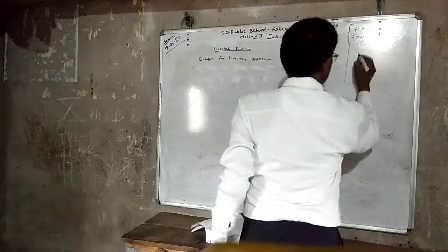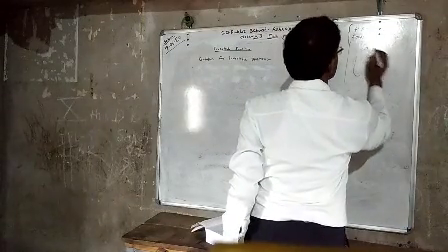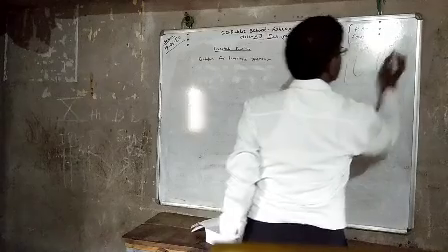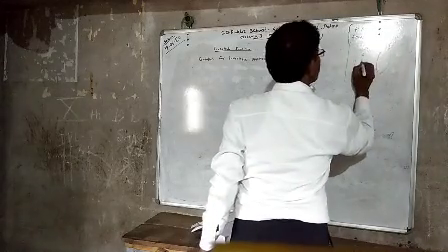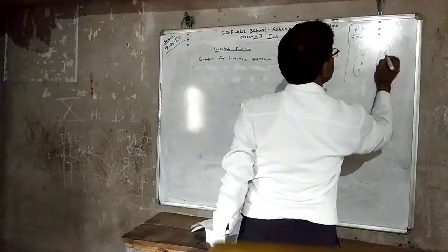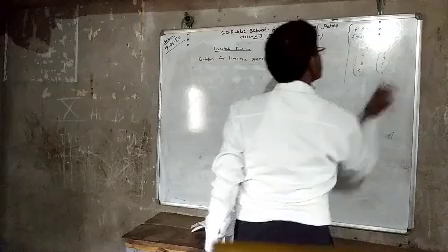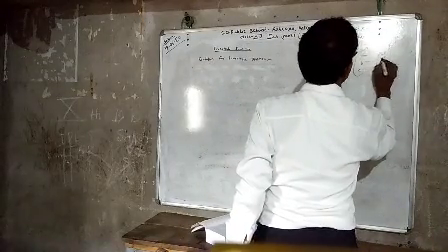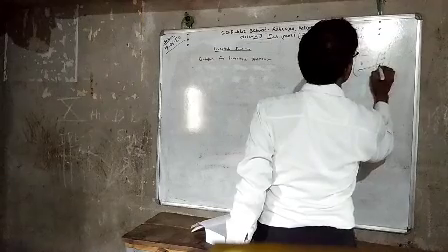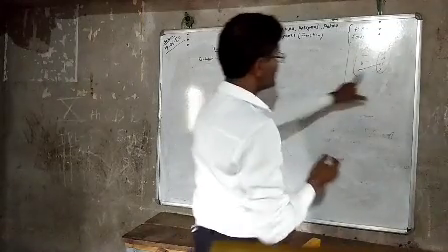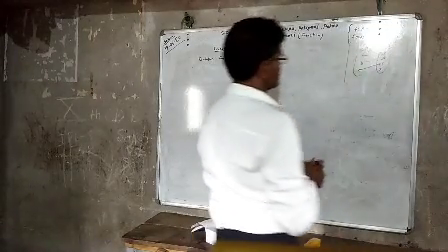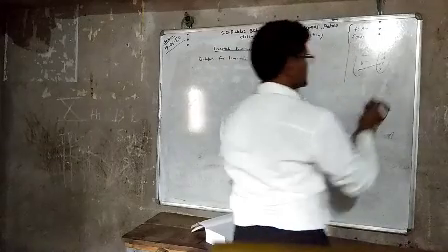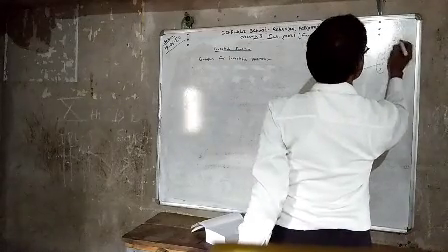Suppose two sets A and B are given, with elements a, b, c and p, q, r, s. Suppose that the function is one-one but not onto. This is the function f(x).